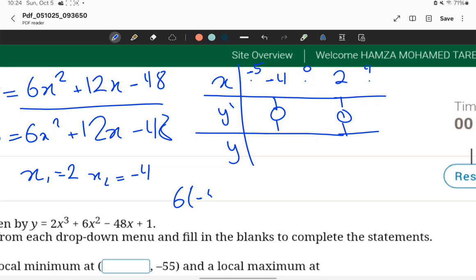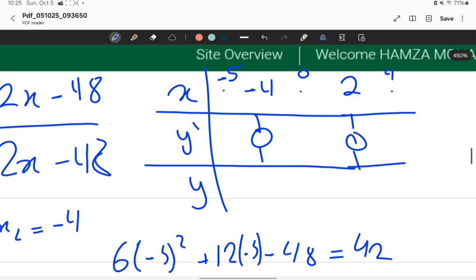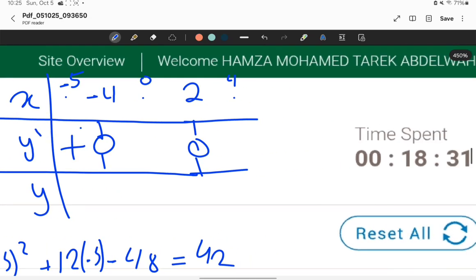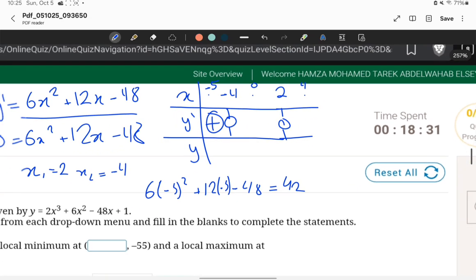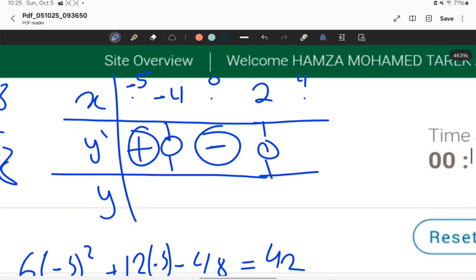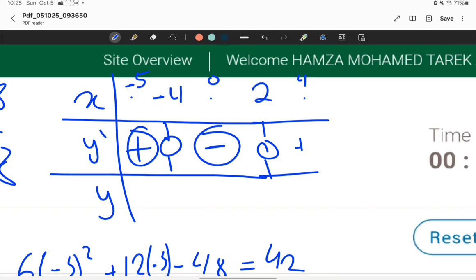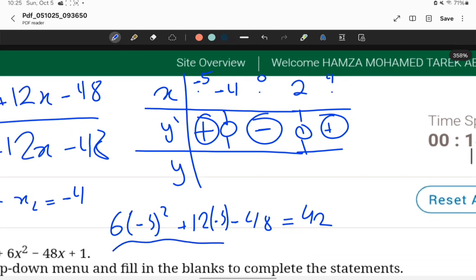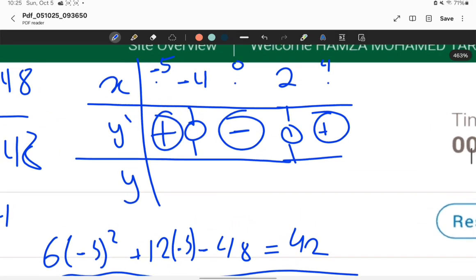So 6 times minus 5 squared plus 12 times minus 5 minus 48, you get 42, so we get a positive number. So here we'll do positive. Okay, now you substitute in 0, you get a negative number, and if you substitute in 4, you get a positive number. Right, it's the same thing as we did here, you're just changing this out with 0 and with 4. Okay, so same thing, substitute.